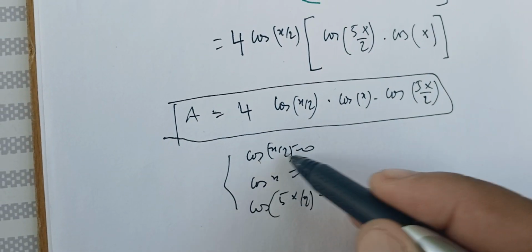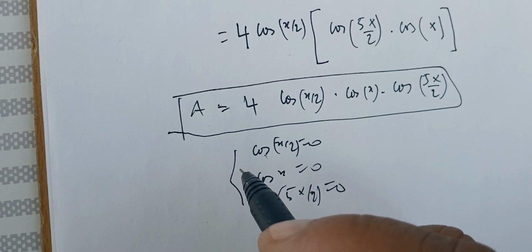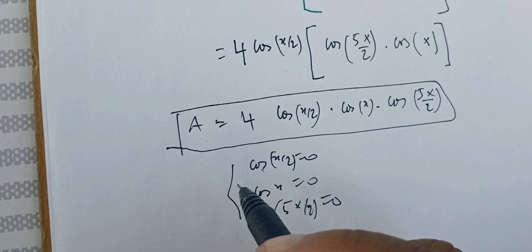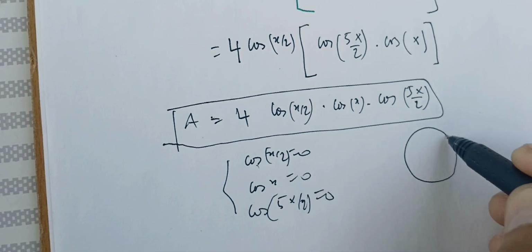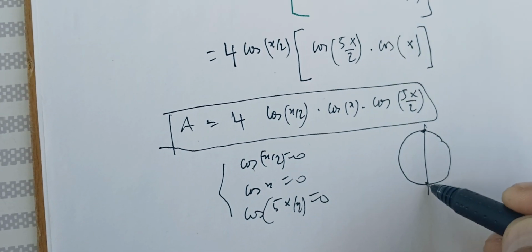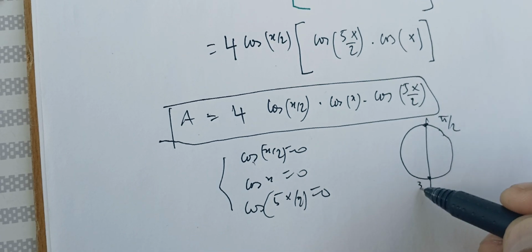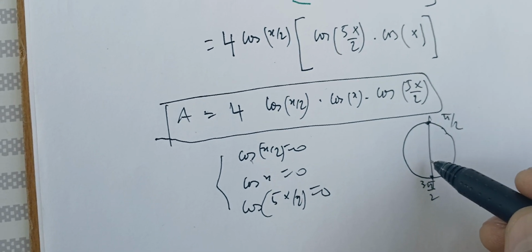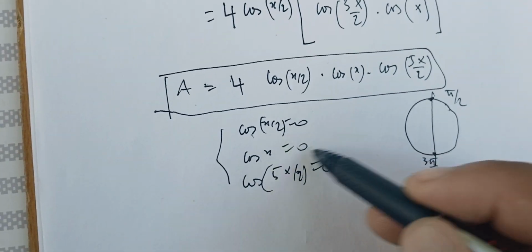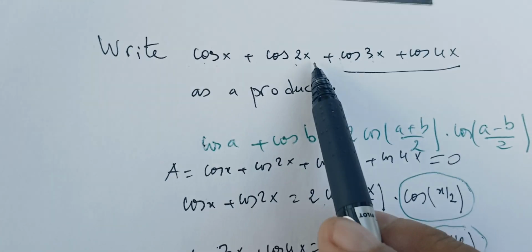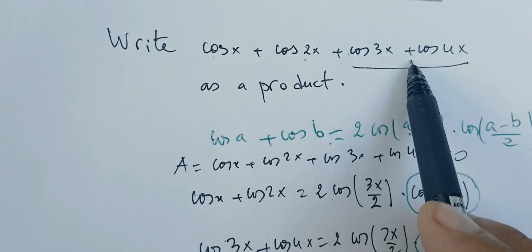And I can solve easily here. I know the cosine is 0 when it's pi over 2 or 3 pi over 2. I can solve for all these easily instead of solving this one, which is in sum form.